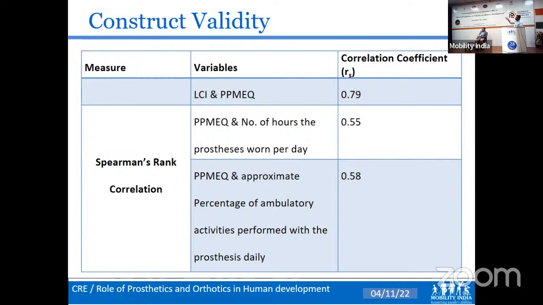I compared the PPMEQ scores with the LCI, and the correlation coefficient was 0.79. I also correlated the PPMEQ scores with two socio-demographic variables: the number of hours the prosthesis is worn per day, with a correlation coefficient of 0.55, and the percentage of ambulatory activities performed with the prosthesis daily, with a correlation coefficient of 0.58.